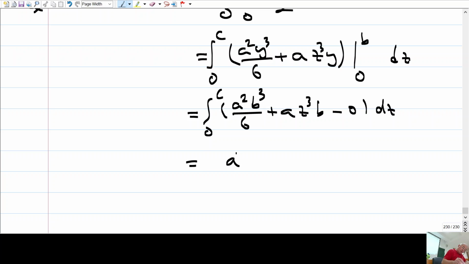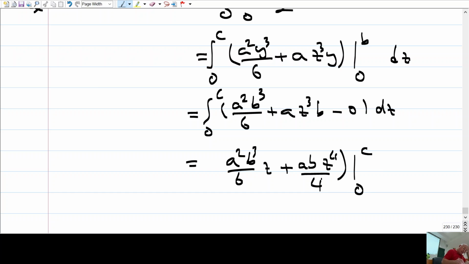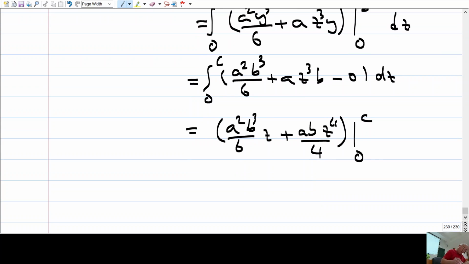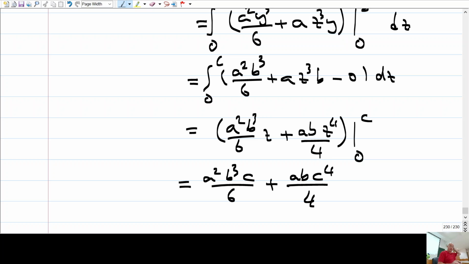So I get a squared b cubed over 6 z plus ab z to the power 4 over 4. And then we plug c and 0. When I plug c, I get a squared b cubed c over 6 plus ab c to the power 4 divided by 4, minus 0. So this is what we get.